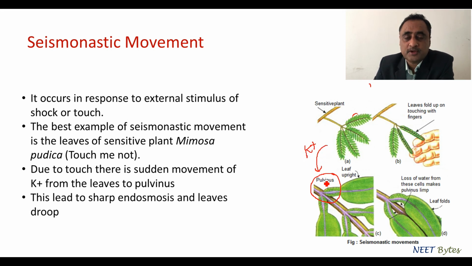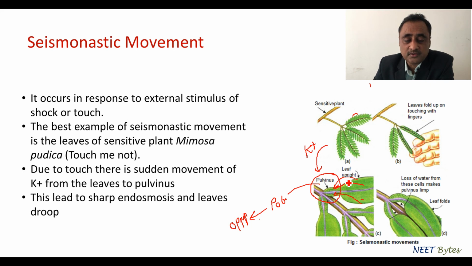So what happens when there is a touch? There is a sharp transfer of potassium ions from the leaf to the pulvinus. So here there is an increased concentration of potassium, resulting in increased osmotic potential.